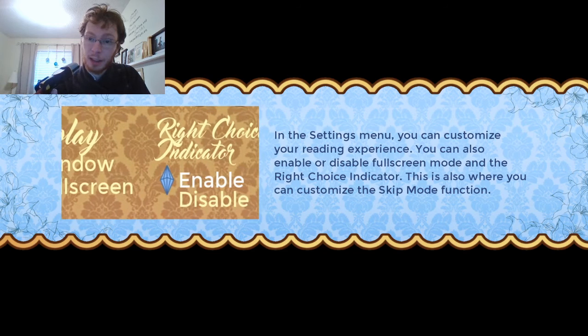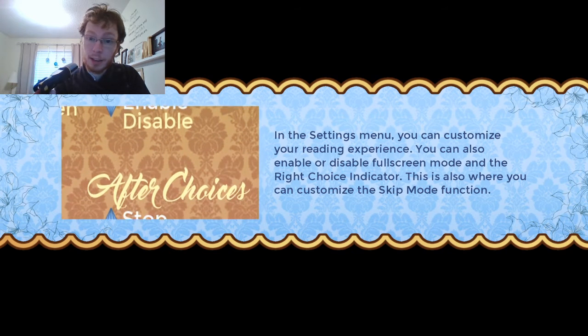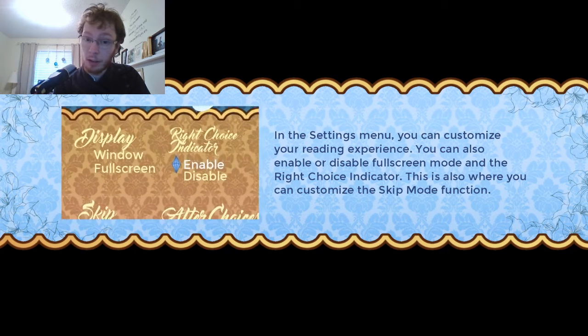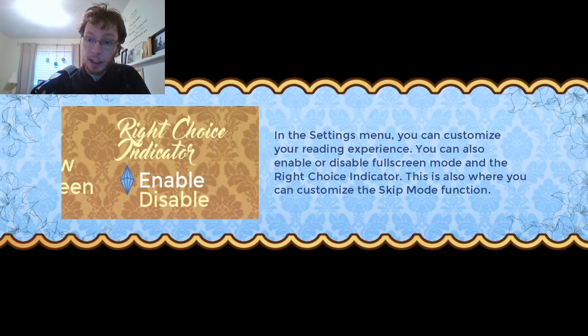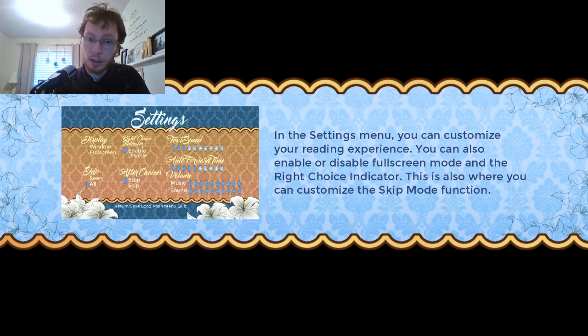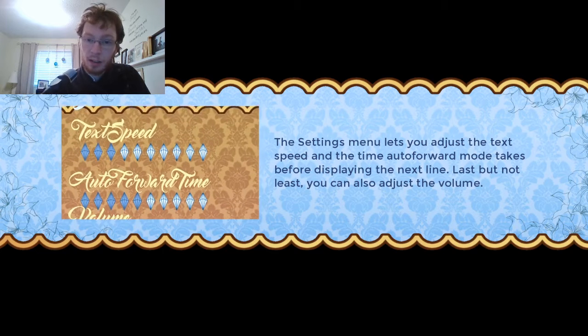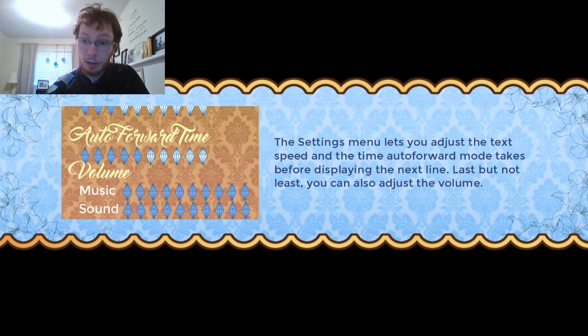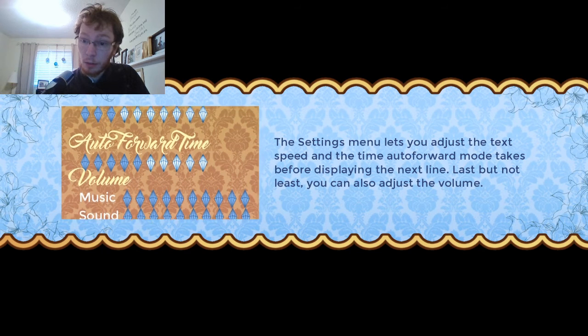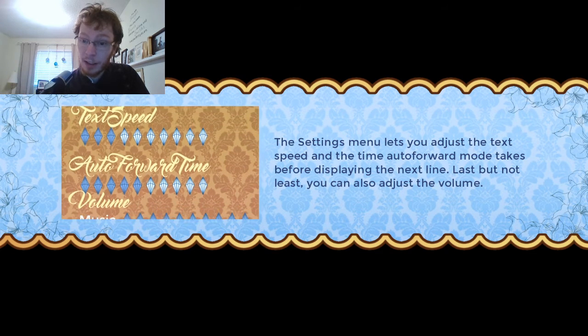In the settings menu, you can customize your reading experience. You can also enable or disable full screen mode in the right choice indicator. This is also where you can customize the skip mode function. The settings menu lets you adjust the text speed and the time auto forward mode takes before displaying the next line.